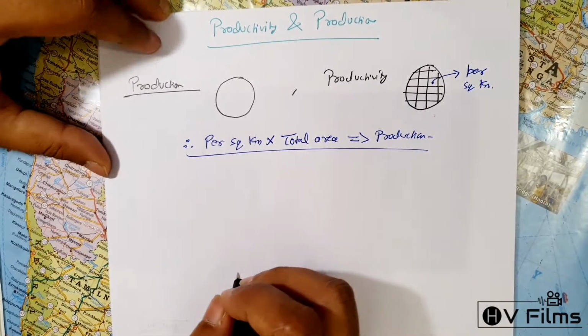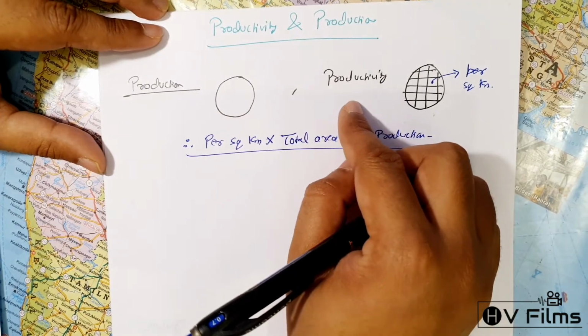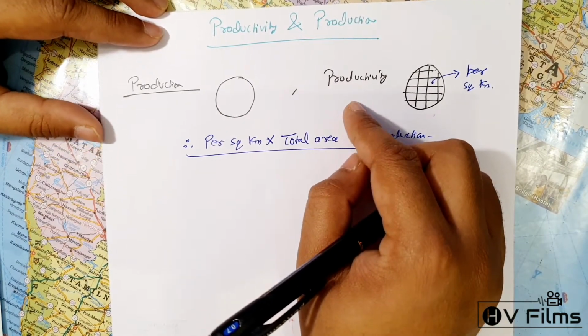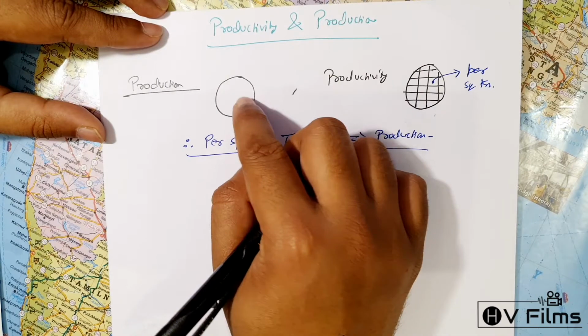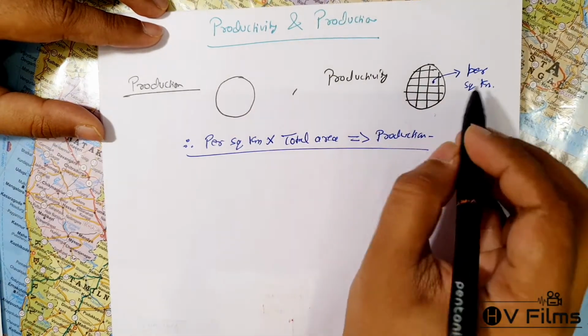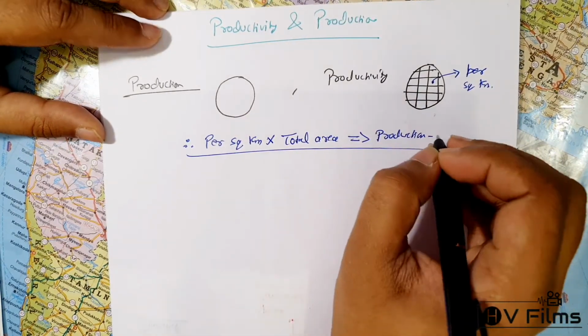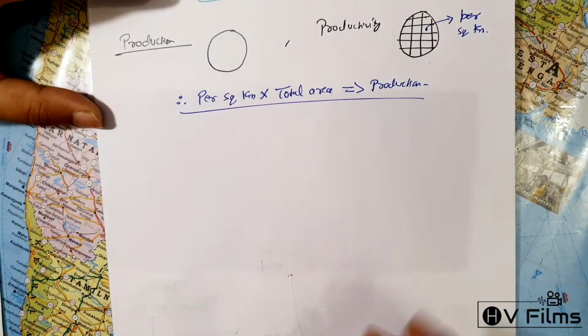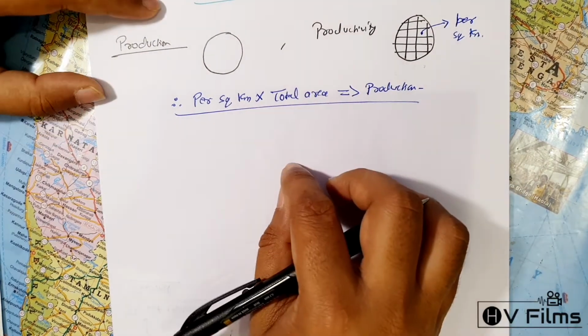Now we will discuss production and productivity with respect to energy. So what is the energy production in the whole area, and what is the energy production per square kilometer? Now there are different factors on which this depends.